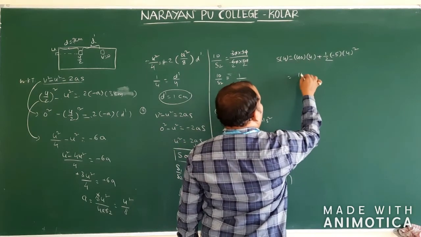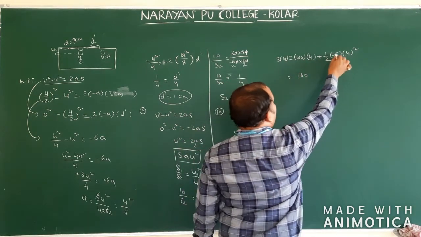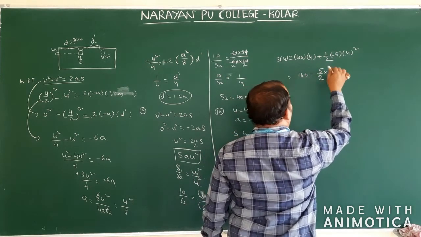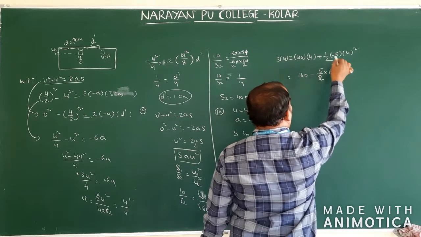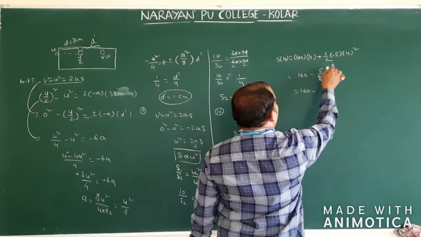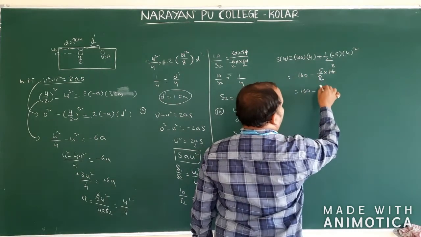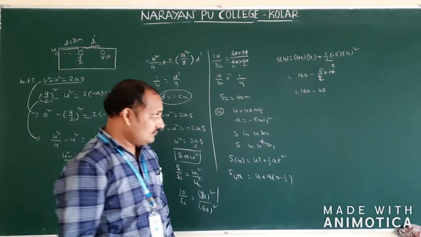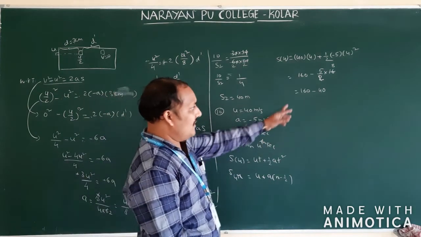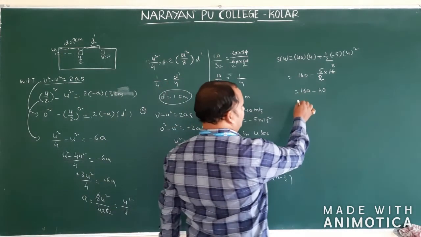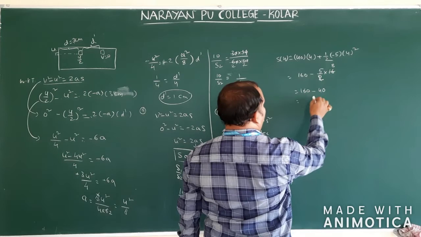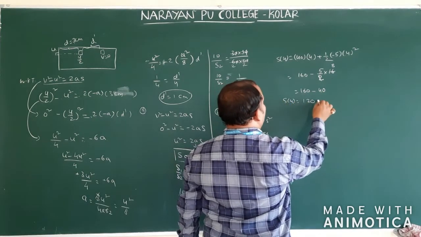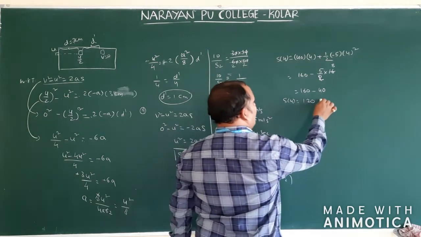So 4 fours 16. 160. This minus will come here. Minus 5 by 2 into 16. So 160 minus, so 5 8. Isn't it? 160 minus 40. How much? 0 minus 0, 0. 6 minus 4, 2. 120. This is the distance in 4 seconds.